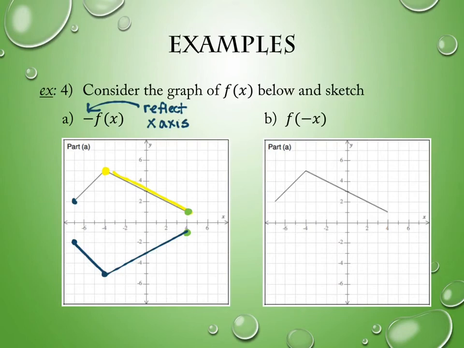Is that okay? That's a reflection over the x-axis. So what's the second one then? Yeah, it's over the y-axis. So this reflects over the y-axis. Okay, so if a point's already on the y-axis, it doesn't move. That point's going to stay put.